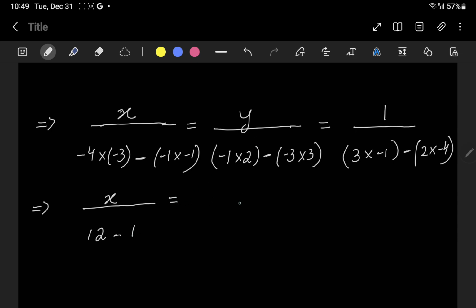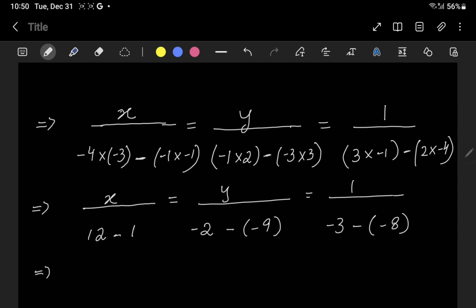The next step, y over minus 1 multiplied by 2. The sign is minus because minus plus minus. Again minus sign, 3 times 3 is 9, the sign is minus 9 here. In the next step, 1 times minus 3, again minus sign, 2 times 4 is 8 and minus 8.